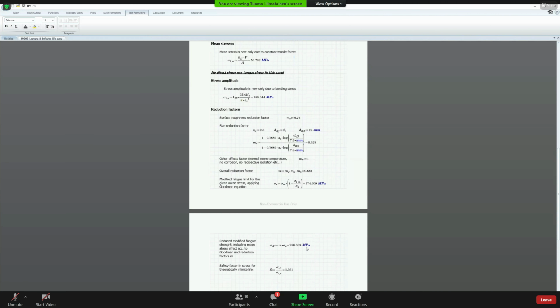And now simply we can use this as a sort of strength value, which we then divide by our amplitude, which was calculated here.